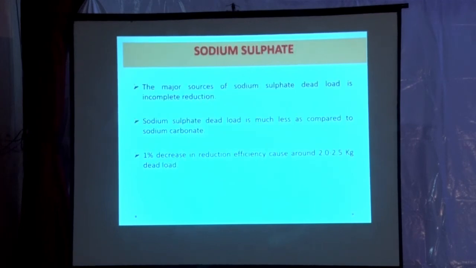Sodium sulfate, we all know where this comes from. This comes from incomplete reduction in recovery boilers. There are so many reasons for low reduction efficiency. Your GCV, your carbon content, your inefficient washing of agro residue all play a role, because sodium sulfate conversion to Na2S depends on the hearth condition.